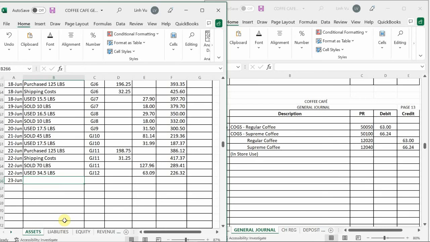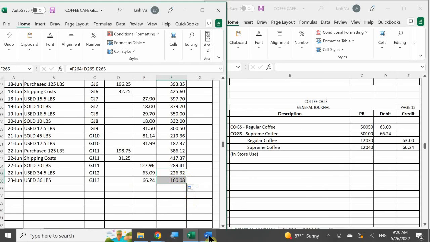Okay. We also used 36 pounds. Which costs me $66.24. So that should give me 160.08.